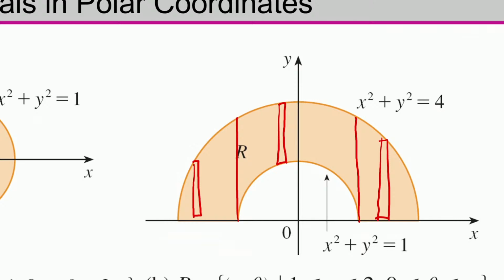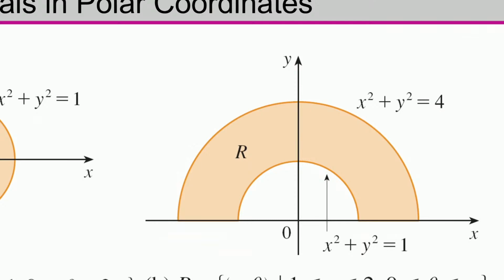Over here, the bottom of the rectangle is down here on y equals 0. Here, the bottom of the rectangle is on this hump. And then it goes back to y equals 0. So you'd actually have to have 3 double integrals to do that region in rectangular coordinates.